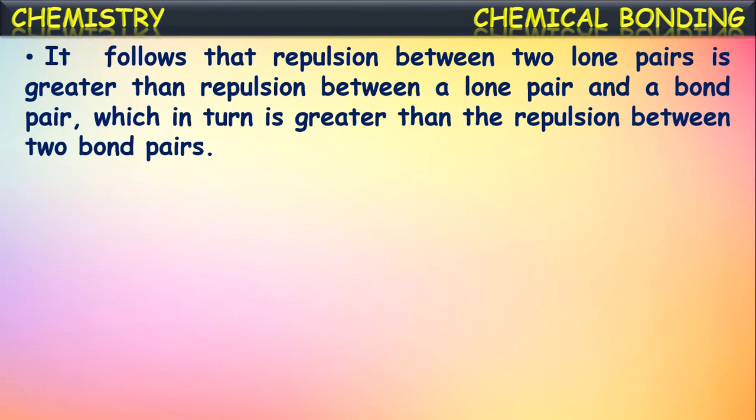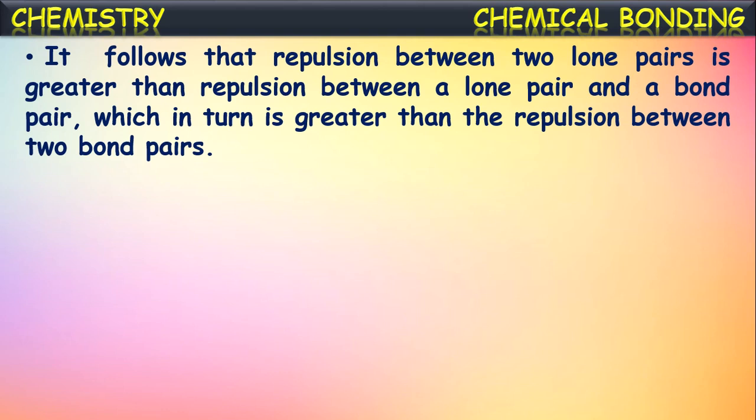The repulsion between two lone pairs is greater than the repulsion between a lone pair and a bond pair, which in turn is greater than the repulsion between two bond pairs.